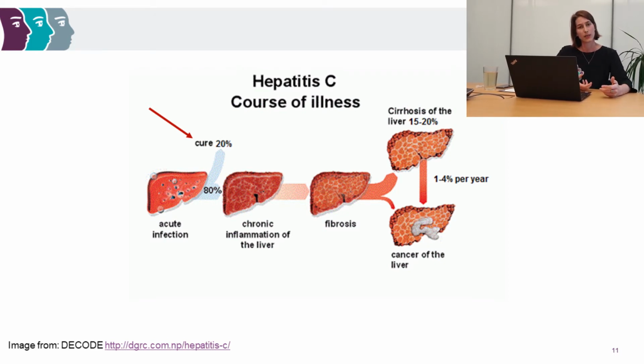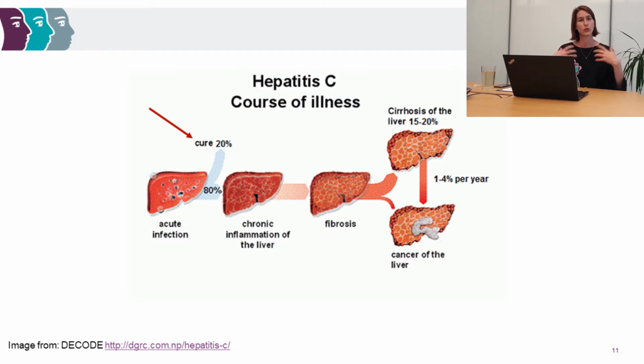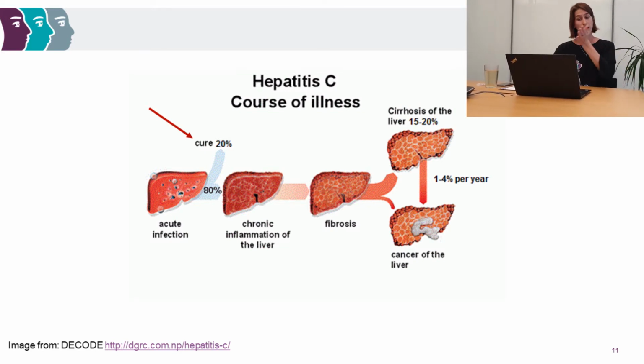Of the people who have acute infection, about 20% of those, their bodies will spontaneously cure the illness, meaning that their immune system will fight off the virus and it will not progress to chronic inflammation of the liver. However, about 80% of people who get acute infection will progress to chronic inflammation and infection of the liver. It's called hepatitis C viremia, and that can lead to fibrosis, cirrhosis, and liver cancer.